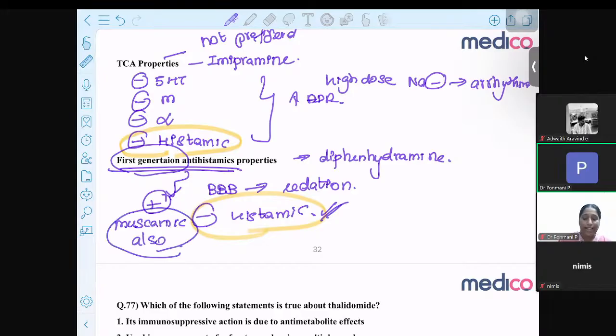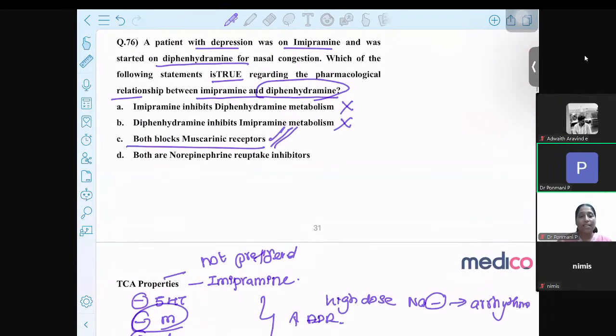That is the reason it is also used as an antiemetic, especially in motion sickness. So both have muscarinic receptor blocking property and both have histaminic blocking property also. And are they norepinephrine reuptake inhibitors? No. Okay, so the right option here is both block the muscarinic receptors.